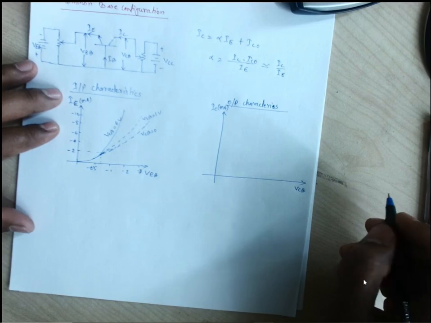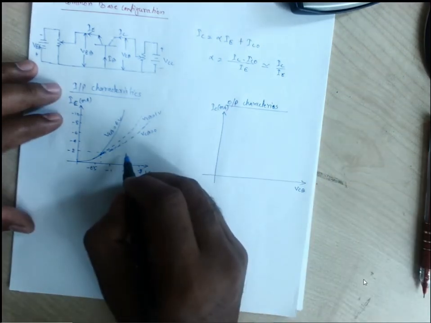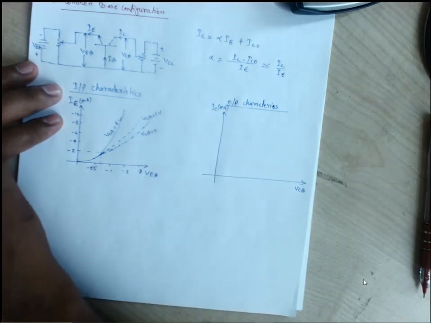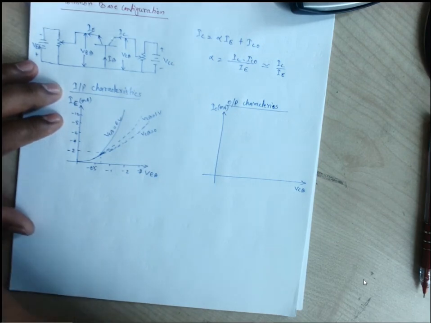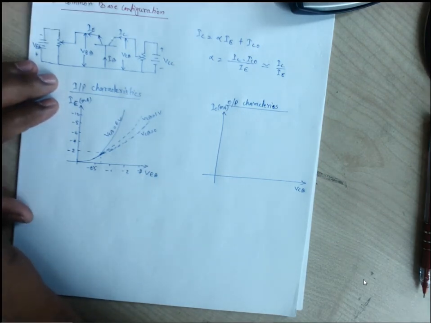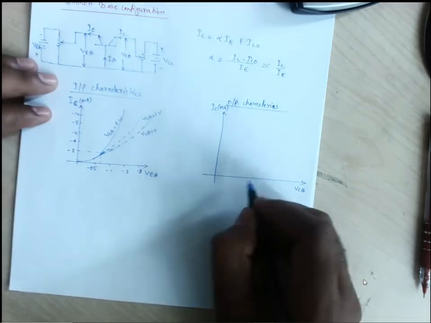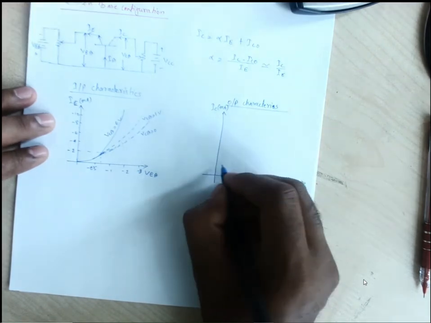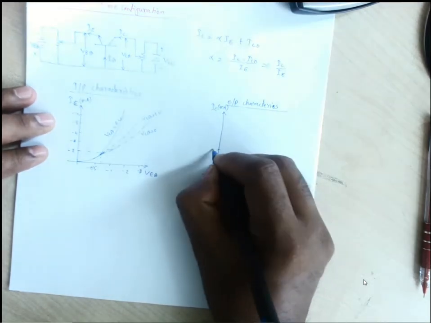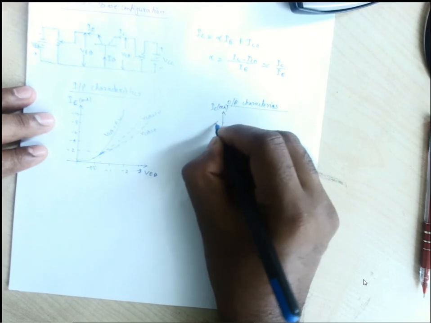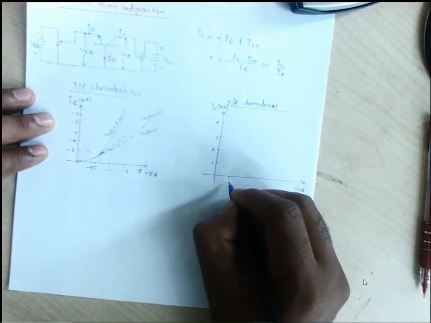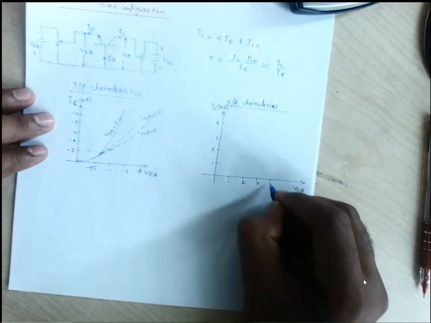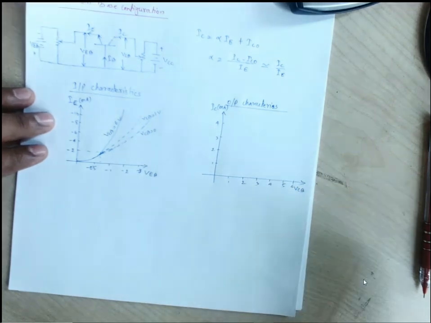So this collector current is the same as the emitter current but a little less. Let us go with some values: 1, 2, 3, 4, like this, 1, 2, 3, 5, 6.